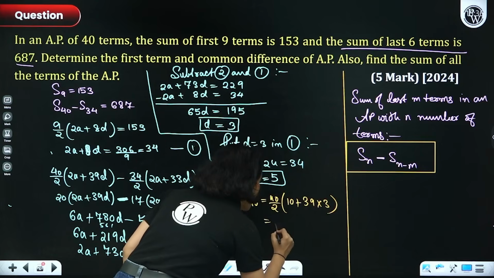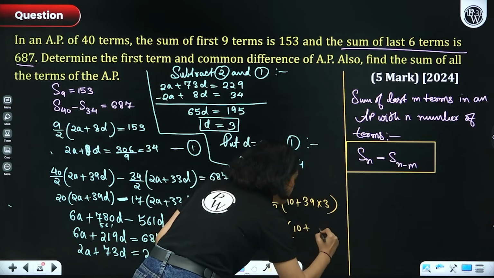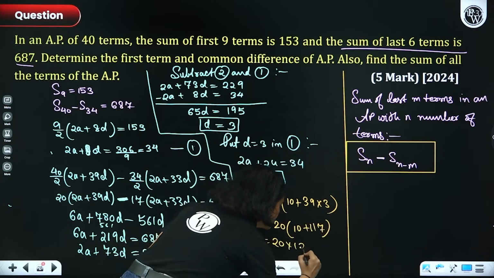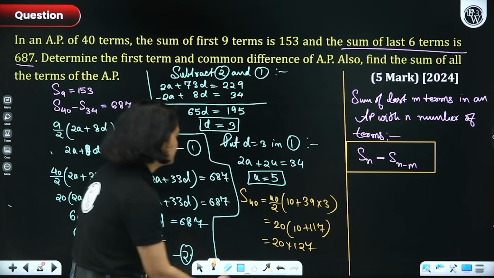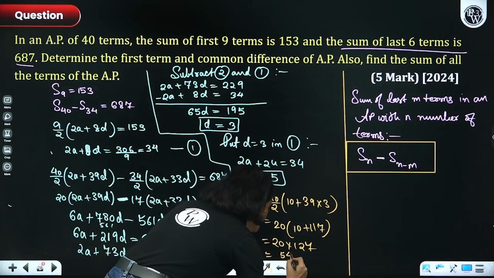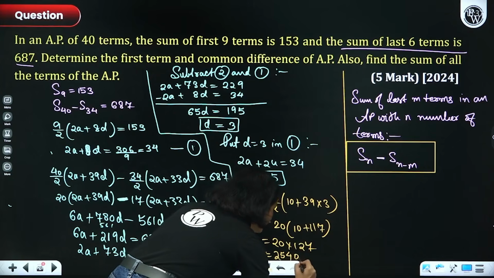Okay, so we'll have 20 into 10 plus 117, so 127. So 20 into 127. Okay, so that would come out to be 2540, everyone. 2540 seems to be the answer.